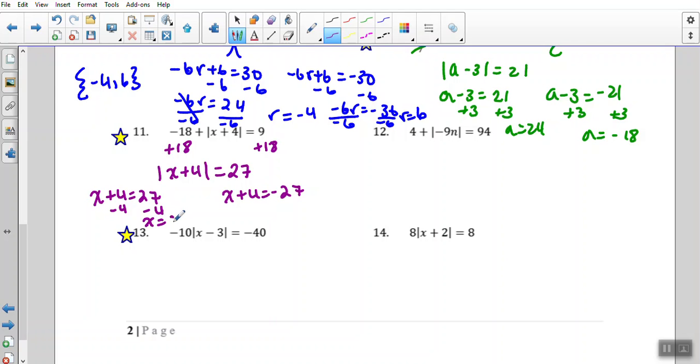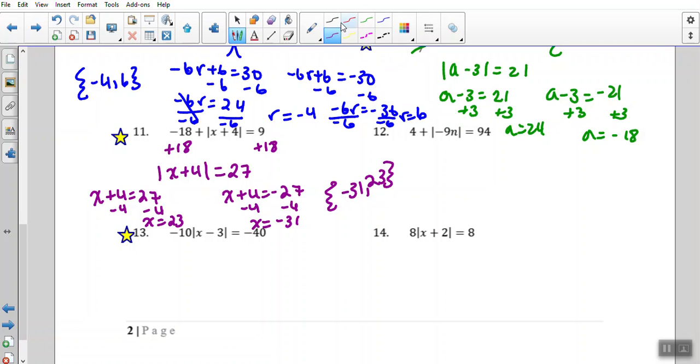X equals 23. X equals negative 31. So my set solution is negative 31 and 23.